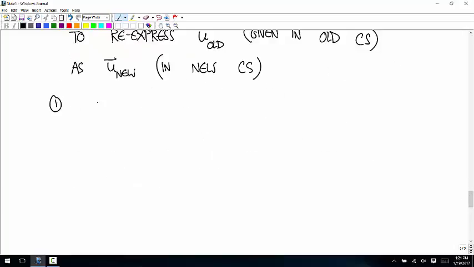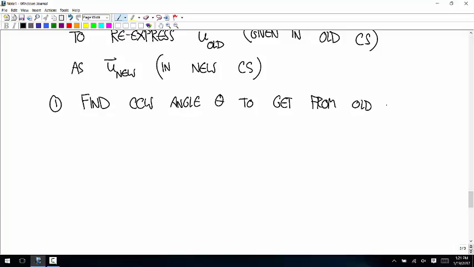First, we're going to find the counterclockwise angle theta to get from the old coordinate system to the new coordinate system.